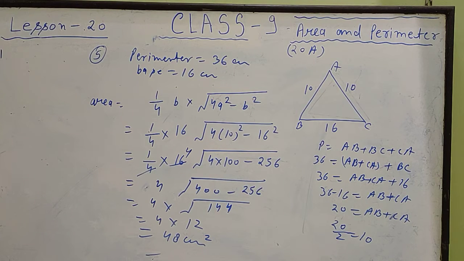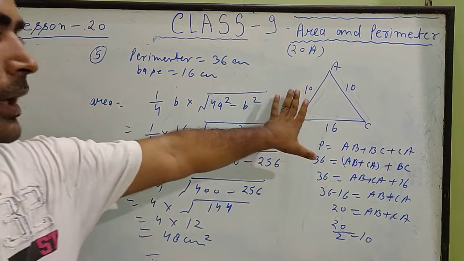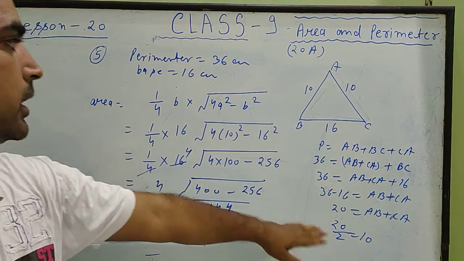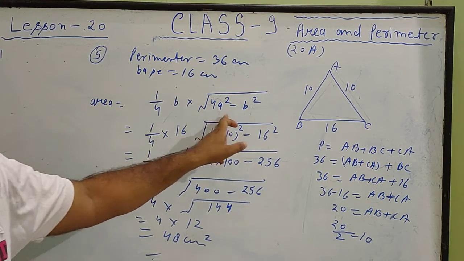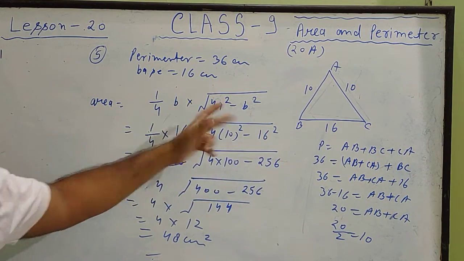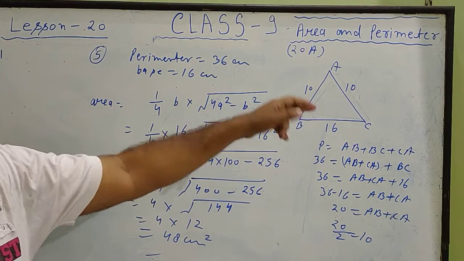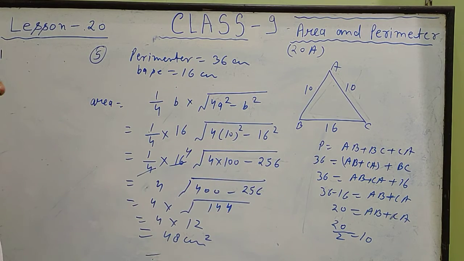The area will be 48 centimeter square. Okay. So first we find the equal side of the triangle, that is 10. Then we put the value in the isosceles triangle formula, 1 by 4 b under root 4a square minus b square. B means base, that is given 16, and a is the equal side 10. Then put the value, so your answer will be 48 centimeter square. Understand?